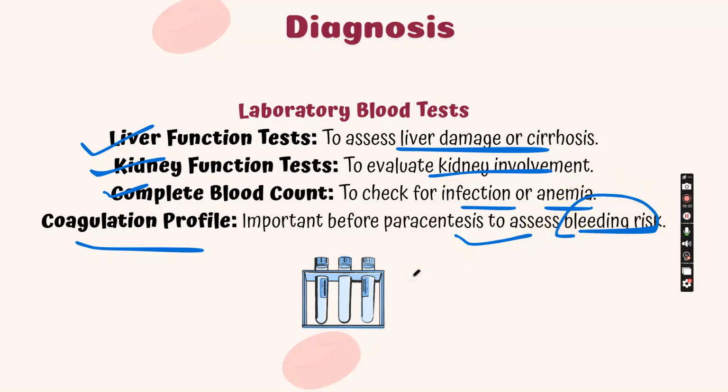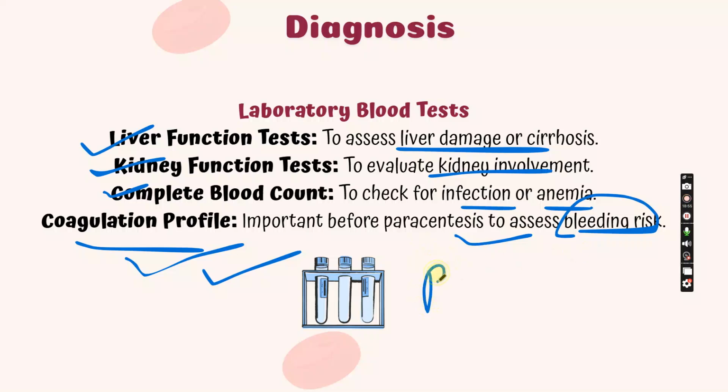Some patients may be suffering from blood disorders, or might be on anticoagulants, or might be taking heparin, warfarin, and so on. They might be at risk of bleeding, so that's why coagulation profiles are done. We also ask the patient before this procedure whether they are taking any kind of blood thinners or not.